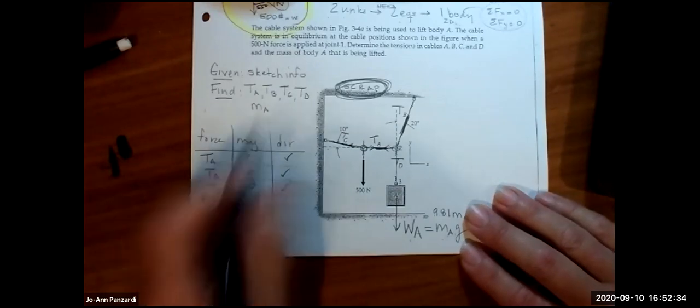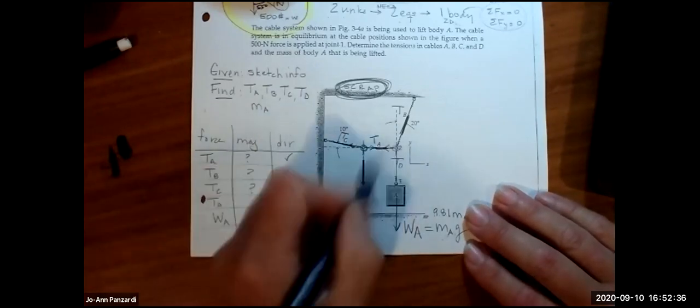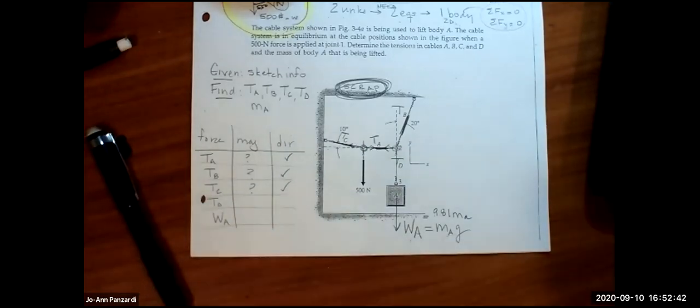Mackenzie, looking at this picture, what is TD equal to? TA plus TB.